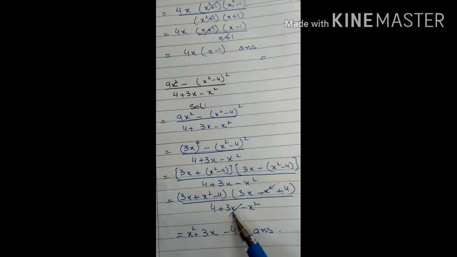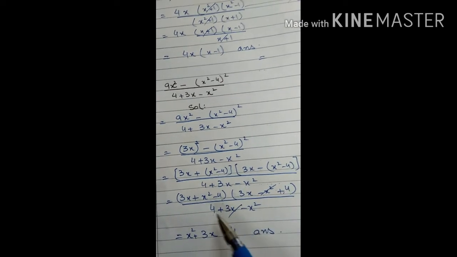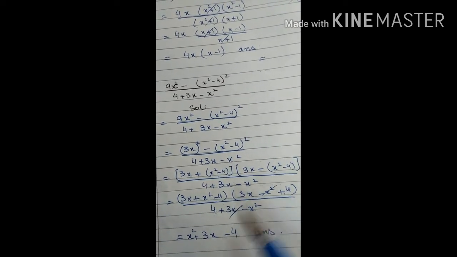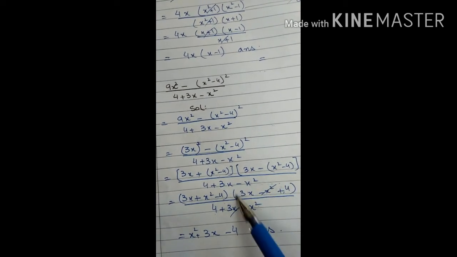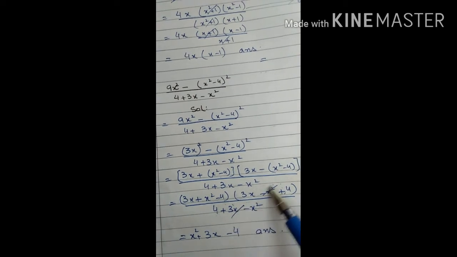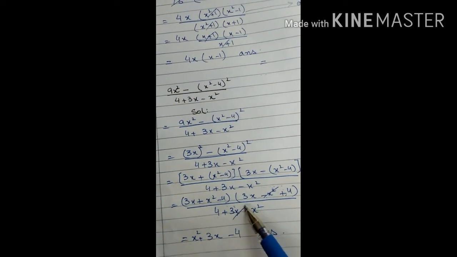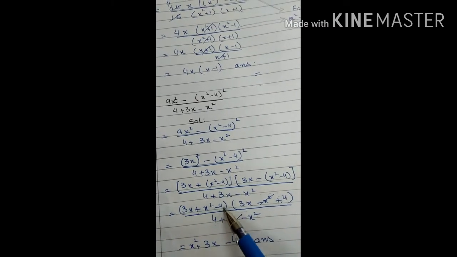Now see, in the denominator we are having positive 3x, positive 4, minus x square. It means this whole expression and this whole expression is same. We can cancel these two and finally we are having 3x plus x square minus 4.